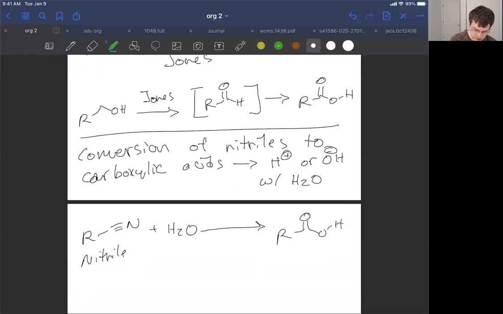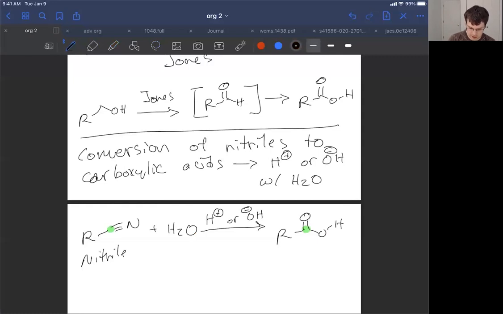If we do a little bit of highlighting here, this carbon that's triple bonded to the nitrogen, that's what ultimately becomes the carbonyl carbon. And then the oxygen from the water is what gets added to the carboxylic acid. Okay, let's just stick to, let's make it simple. Anyway, we can use either H plus or OH minus to facilitate this reaction.